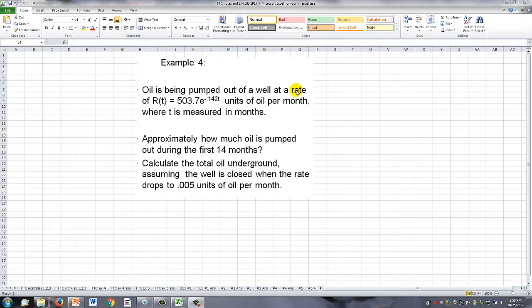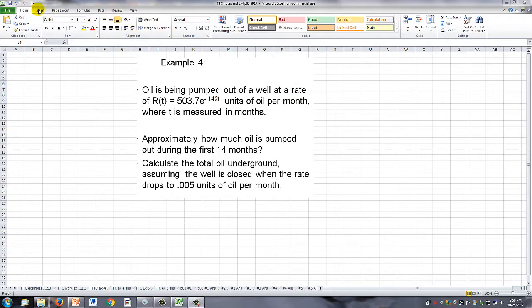Question 1, it says approximately how much oil is pumped out during the first 14 months. And then it says calculate the total oil underground assuming the well is closed when the rate drops to 0.005 units of oil per month.